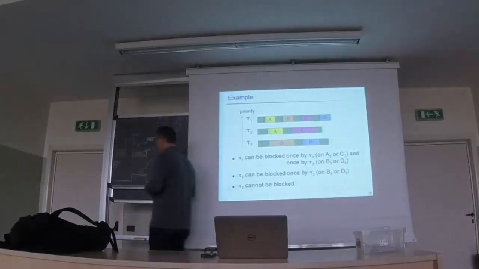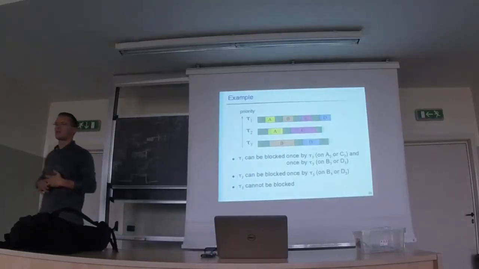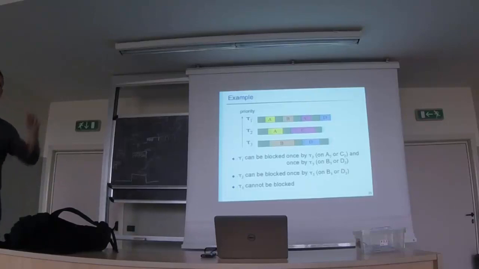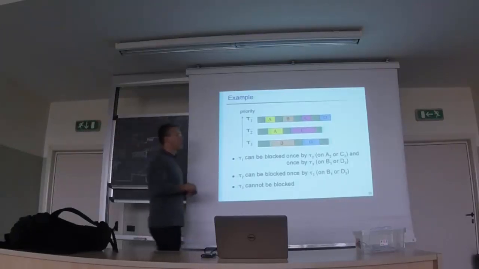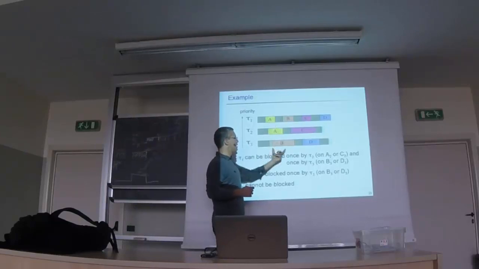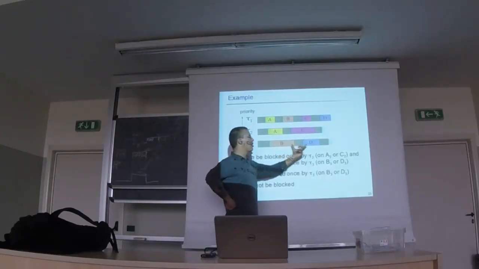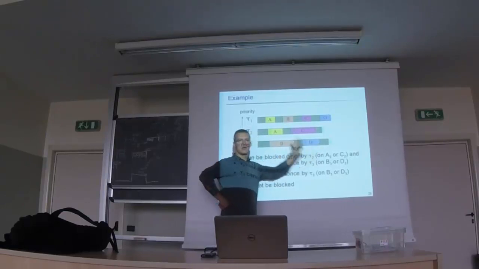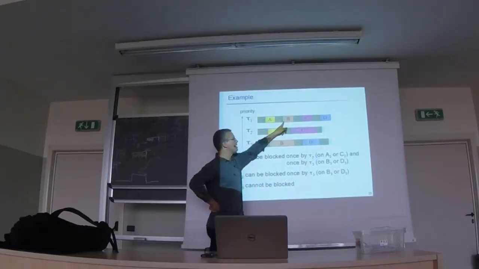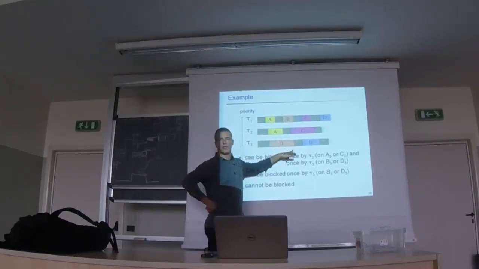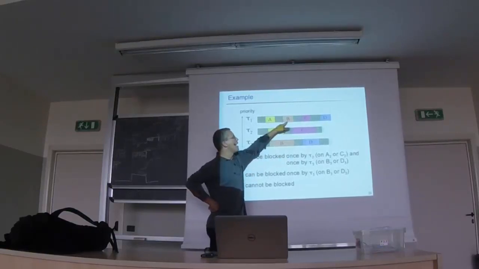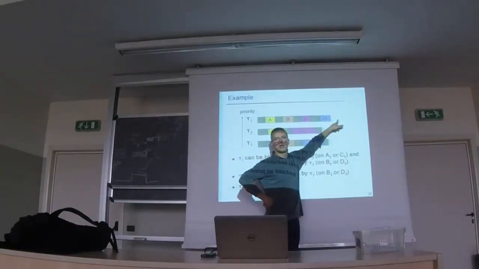So when tau 1 is eventually able to start executing, it means that the inherited priority has been lowered and tau 1 will execute right away. So assume that tau 1 is blocked on B, it will not block also on D. If tau 1 is trying to access B, but B is held by tau 3, after the B region of tau 3 is over, tau 1 is able to execute, and it will execute until the end.